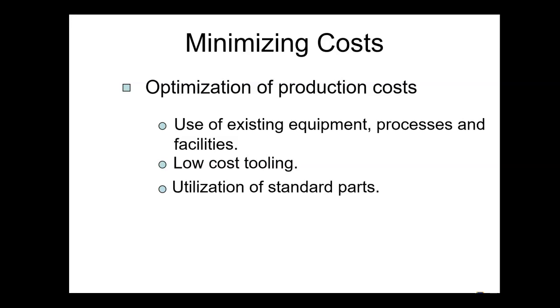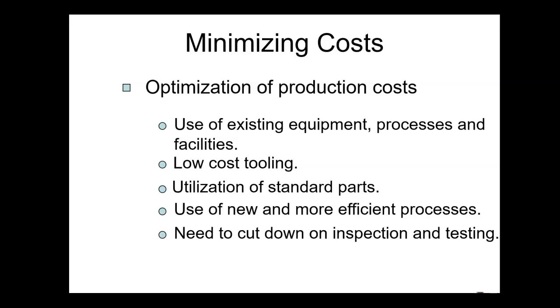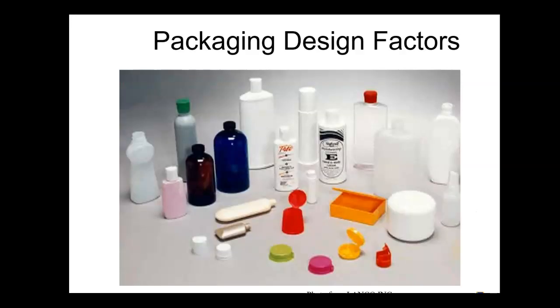Figuring out how to utilize standard parts. The same thing, let's say, if it has 4 different screws on it. It would be nice if we could make all of the screws the same ones, so as we didn't have to have inventory of 4 different types. The use of new and more efficient processes. The need to cut down on inspection and testing.